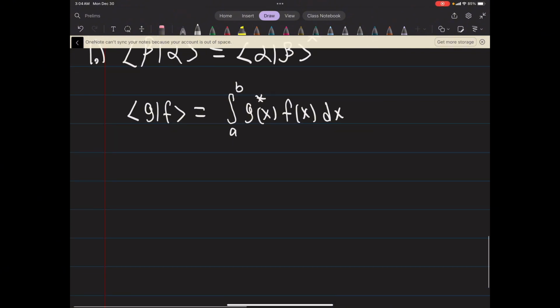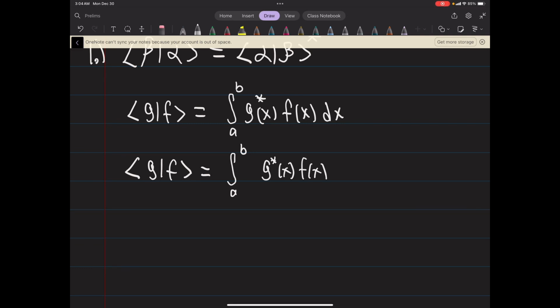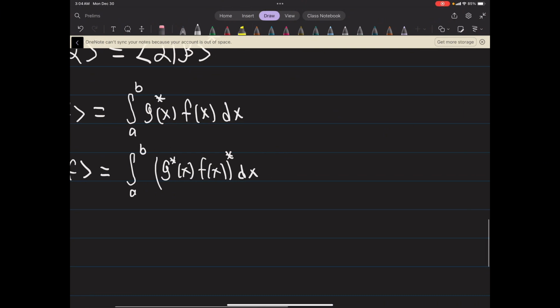And now if we were to take the complex conjugate of all this, that'll be equal to the integral from a to b.